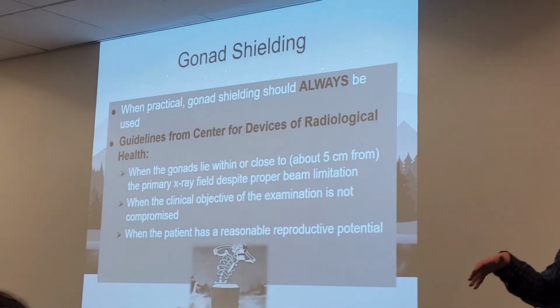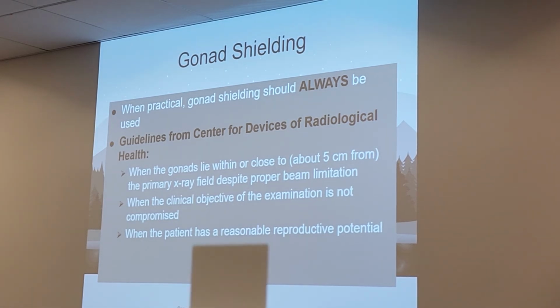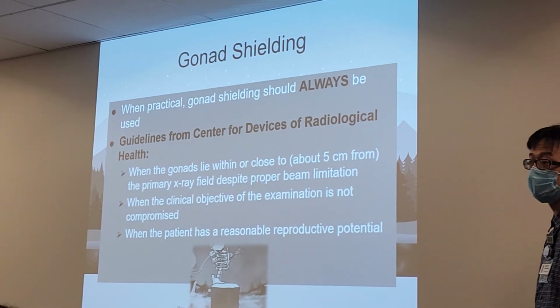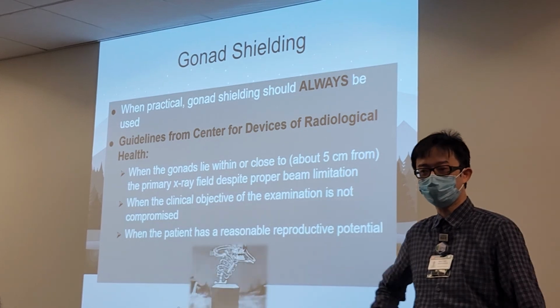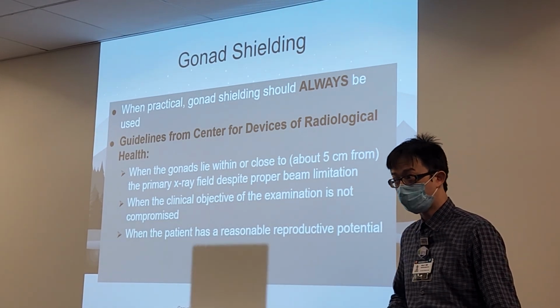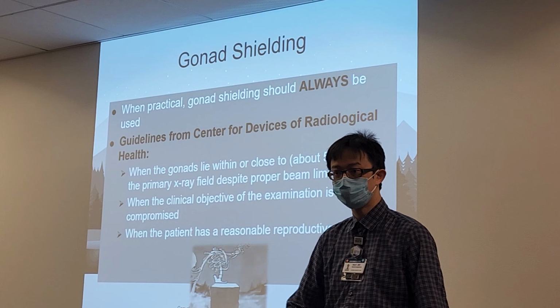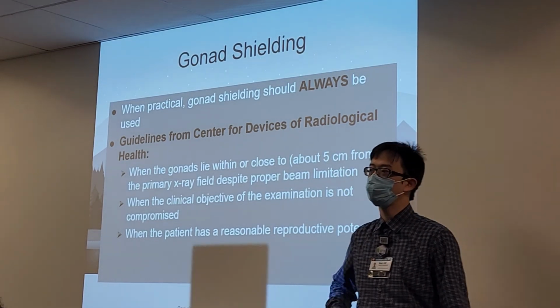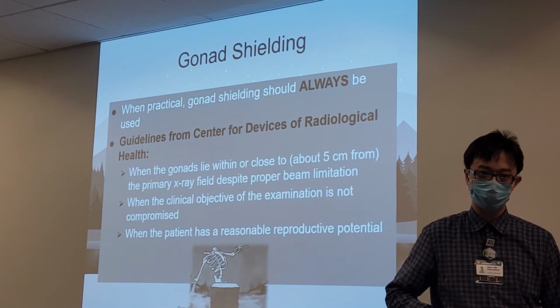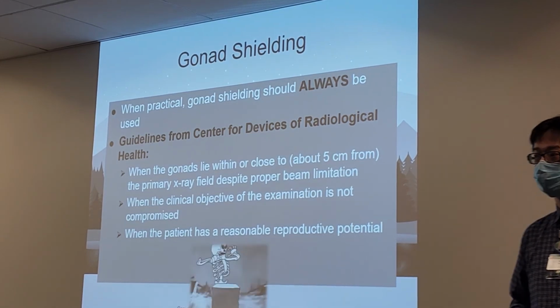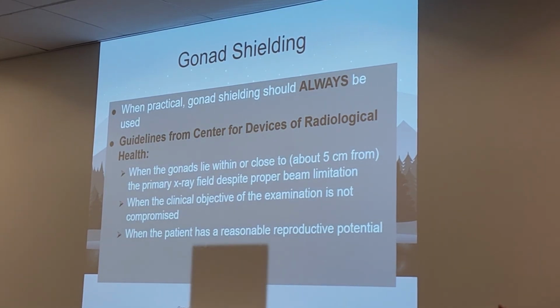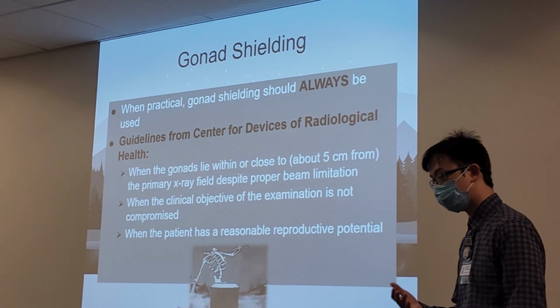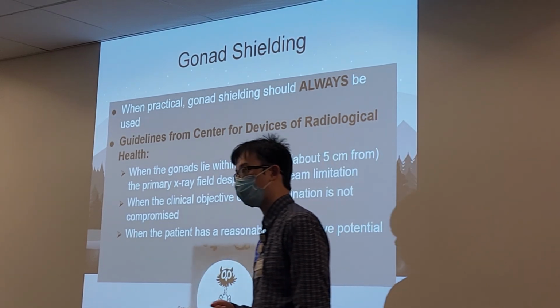So put a shield in front of the gonads. On the other hand, if I am doing a pelvic x-ray, if I try and put a shield in front of the gonads, it is going to be in the middle of my light. I will not be able to see anything on that x-ray. So in that case, we would want to move the shield. We might not want to use that shield in that case.